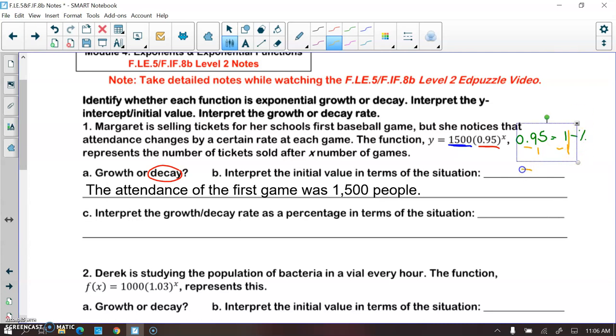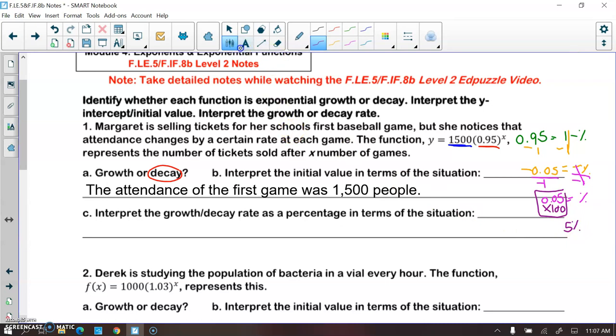So I get a negative 0.05 is equal to my negative percent expressed as a decimal, dividing by negative 1. I get my percent expressed as a decimal is equal to 0.05. And then to write it as an actual percentage, I need to multiply this by 100 to get 5%.